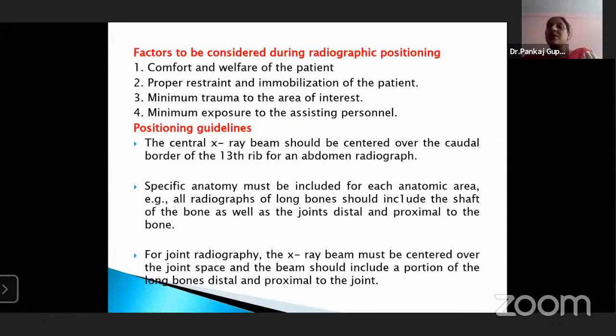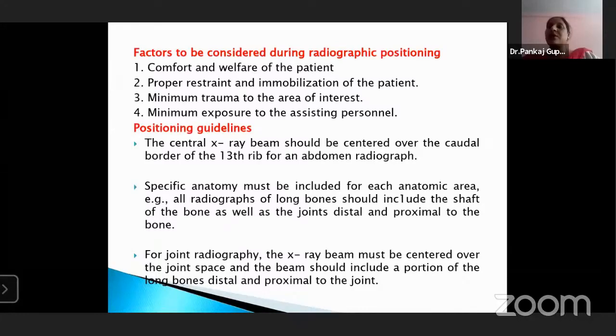Now about the positioning guidelines. The basic purpose of positioning or making a radiograph is to obtain as much area as possible, and the central X-ray beam should be kept in the area of interest. For example, if we need to take a radiograph of lateral abdomen in case of a dog, the central beam should be centered over the caudal border of 13th rib for an abdominal radiograph so that it may incorporate the whole of the abdominal cavity.